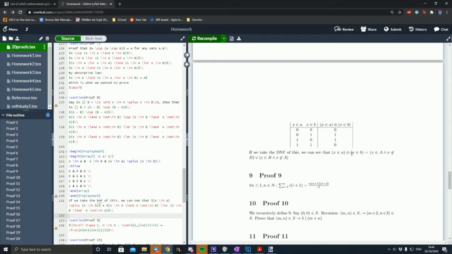Wait, can we say that? Yeah, because 0 here is the same as saying not equal.